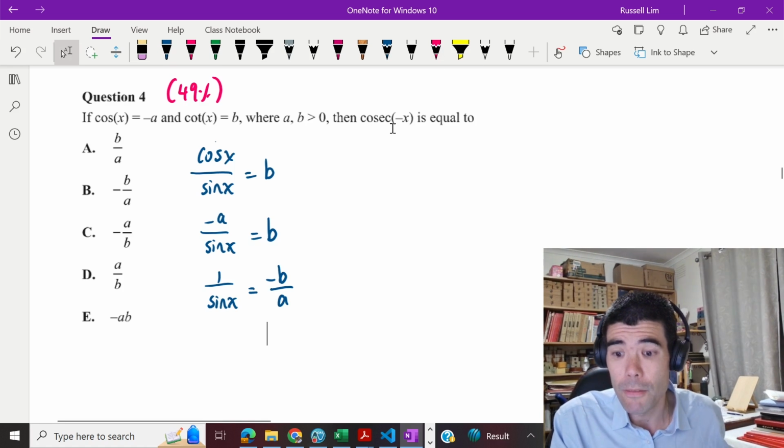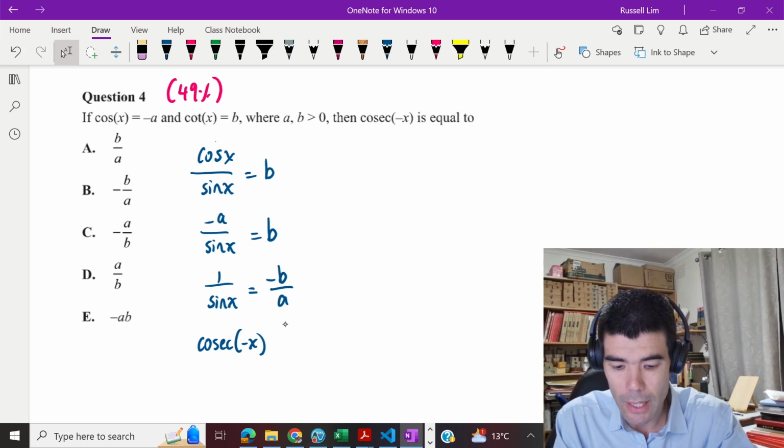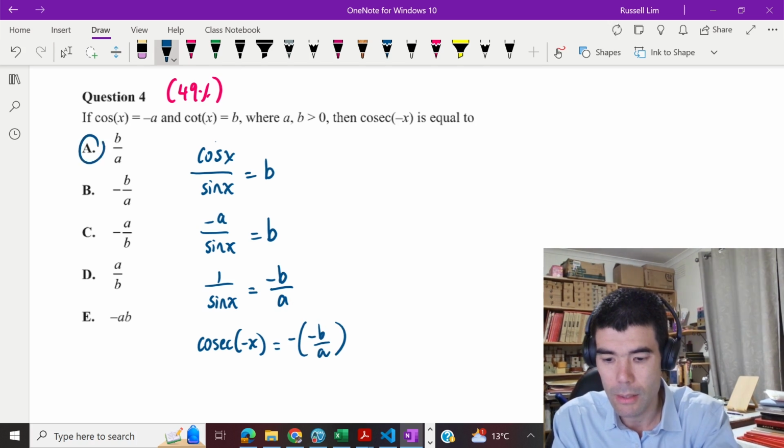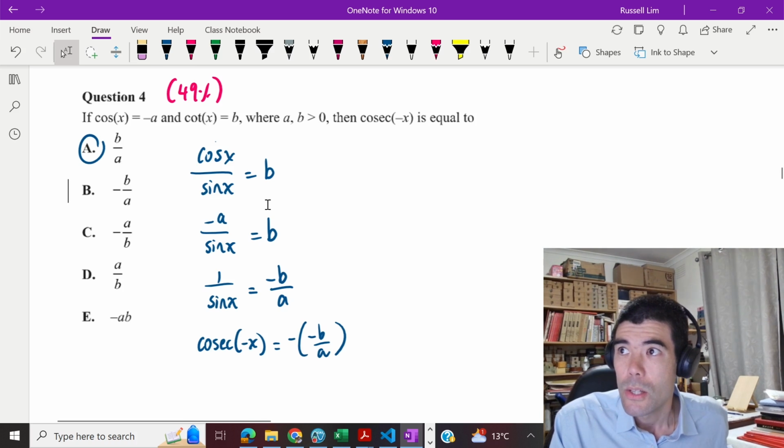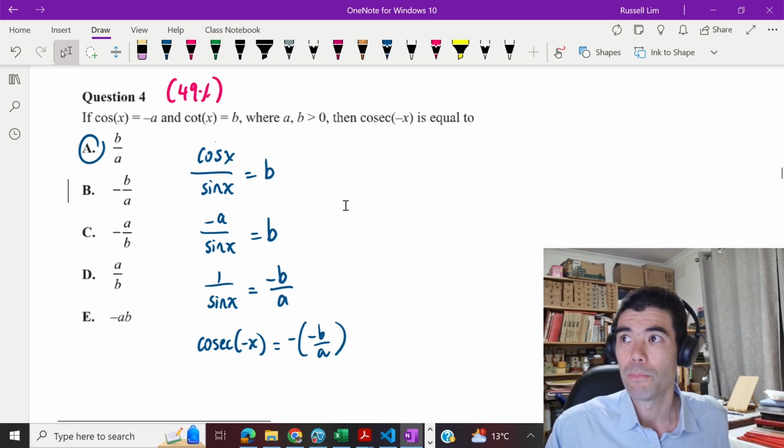So cosec of -x, well, that's going to be 1 over sin of -x, which is b over a. So yeah, CAS calculator is probably not that much help there, which is probably why students find that difficult.